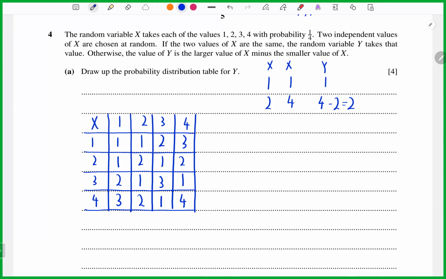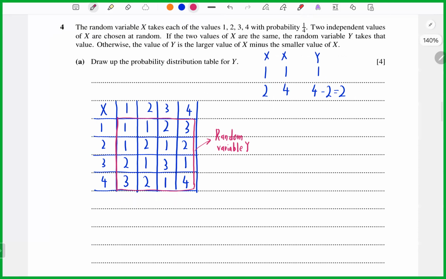Okay, so you can see this red part is for the random variable y. So this is your random variable for y. Let's see what the numbers are here: 1, 2, 3, 4.